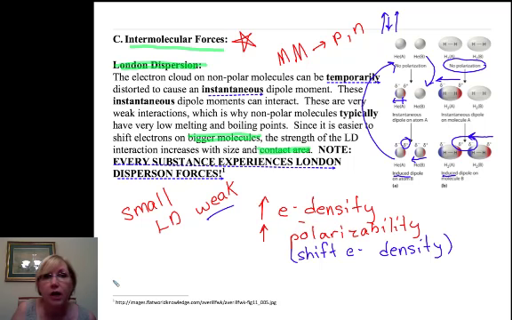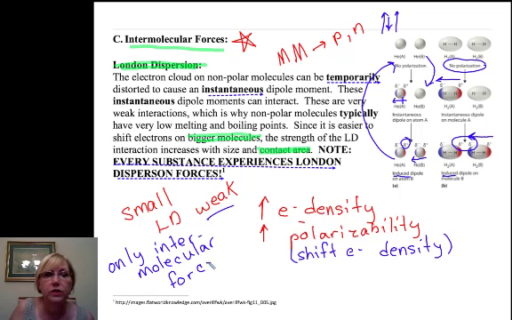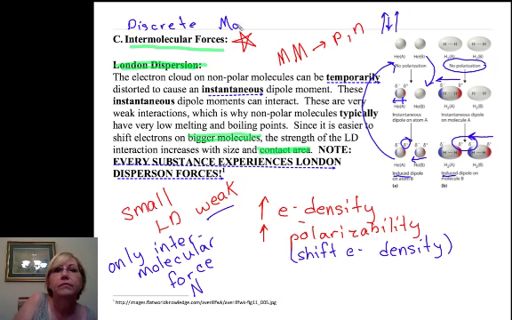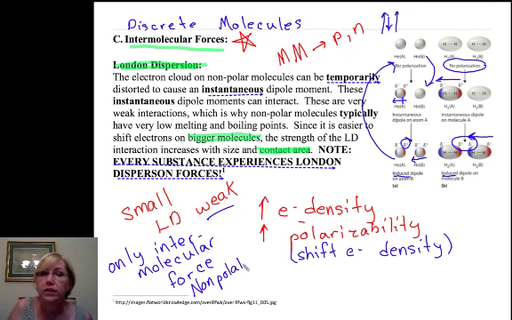Now, all substances have London dispersion, but this is the only intermolecular force between molecules for non-polar molecules. So we're talking about intermolecular forces between discrete covalent molecules. Okay, and if they're non-polar, this is the only intermolecular force that can hold them together. Okay, and it can get large.